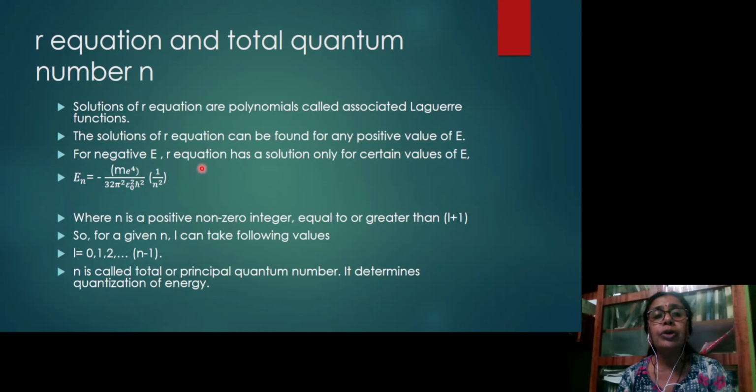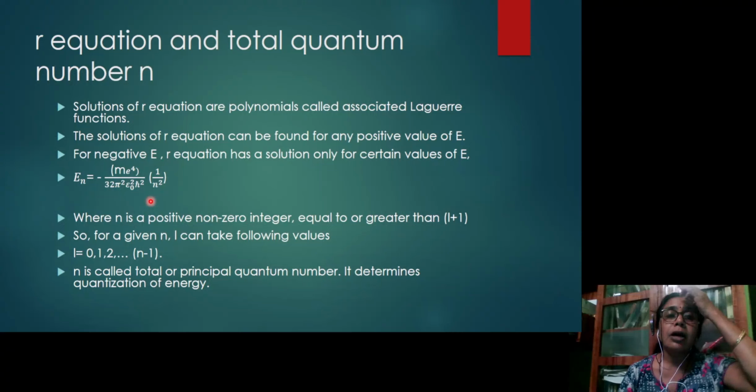So for negative E, the R equation has a solution only for certain values of E. So here comes that condition, only for these values of the energy the R equation will have solutions.